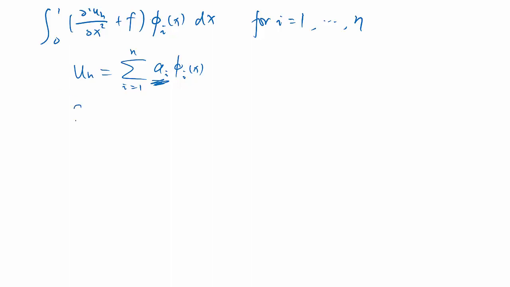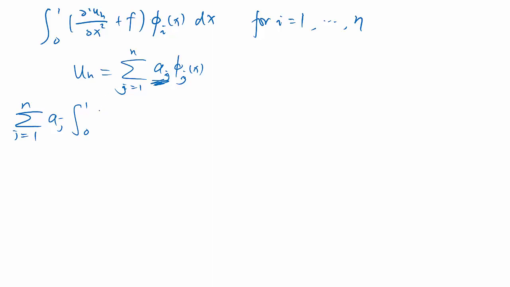So basically what we have is integration, and let me write this as j because I don't want to conflict with the I here. So integration from 0 to 1, and I can pull this summation out because the a_j's are just constants.